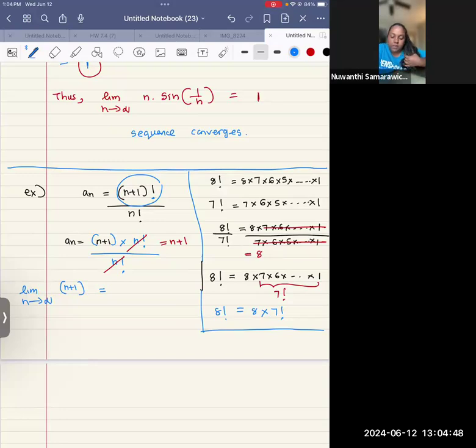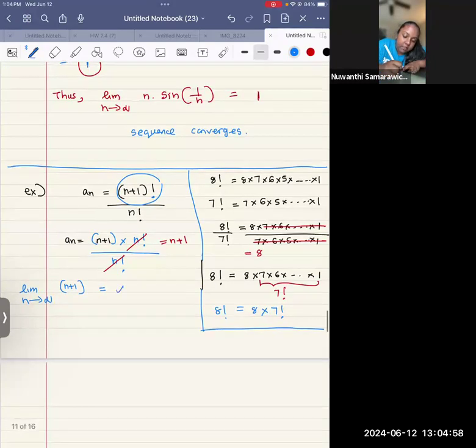When n goes to infinity, what happens? n plus 1 goes to infinity. So this goes to infinity. Therefore, this is not a number, so it diverges. So the sequence diverges.